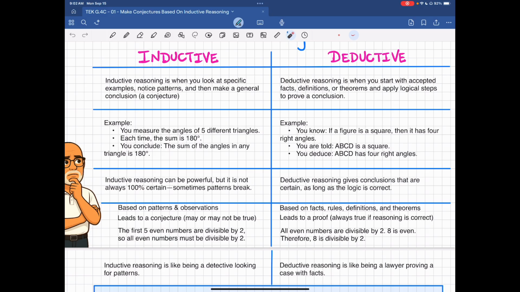For deductive reasoning, a little bit different, okay? So you know that a square has 4 right angles.